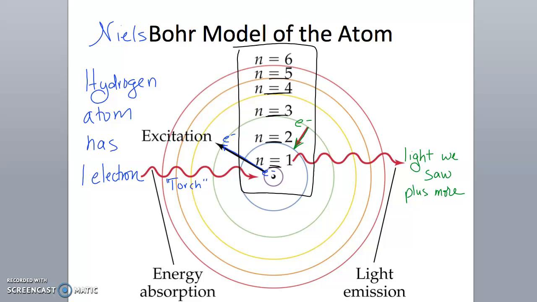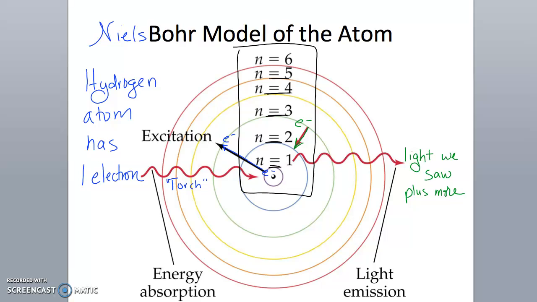The Bohr model of the atom, coming from Niels Bohr, his idea was that electrons existed in orbits, and they were circular around the nucleus. He did a lot of studying of the hydrogen atom, which was brilliant because there's only one electron on the hydrogen atom, so anything he saw must have been due to that one electron.